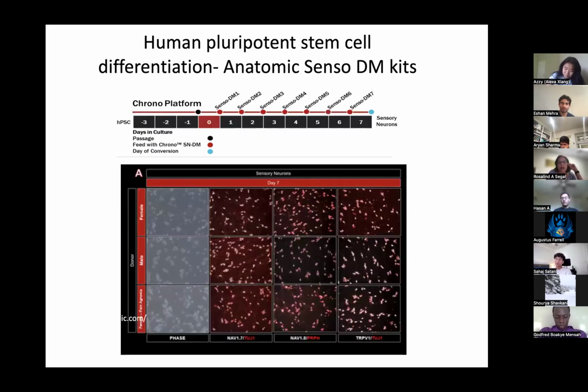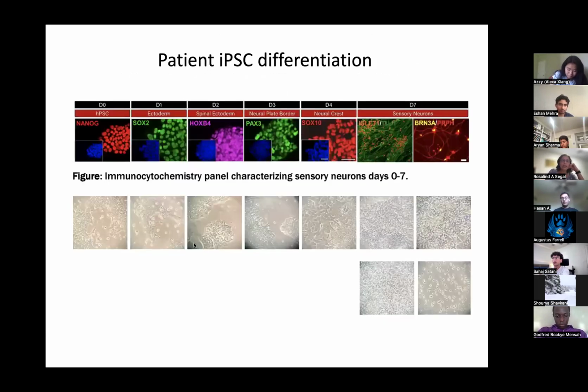This is how we differentiate the iPSC cells into the sensory neurons. It takes time and a whole host of different culture conditions, but over time, we get them to be like neurons.